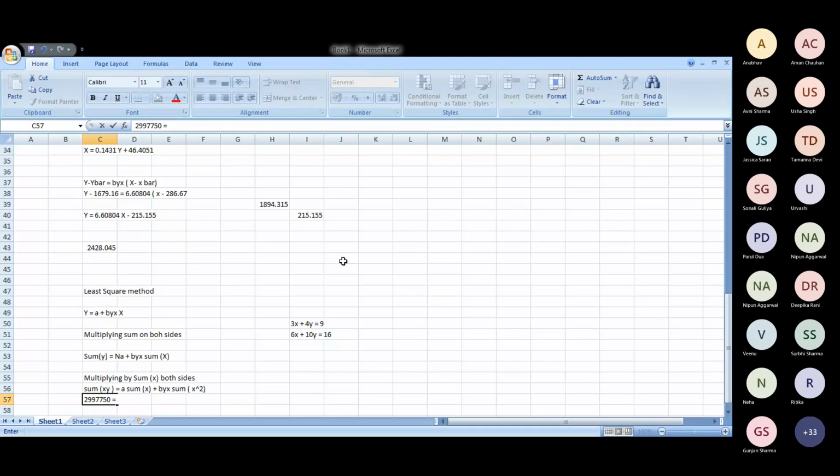So summation x value is 1720 a plus byx summation of x square. So summation of x square is 509650. So this is your second equation.